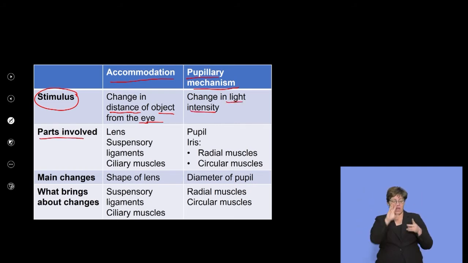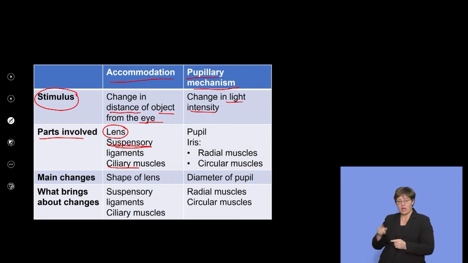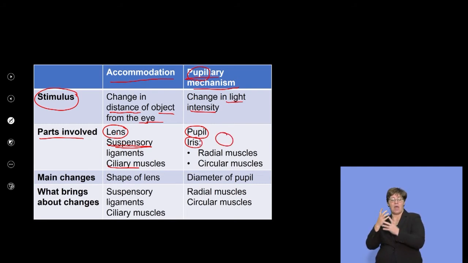Parts involved with accommodation are always your lens, your suspensory ligaments, because the lens is suspended from them, and the ciliary muscle. With the pupillary mechanism, obviously the name says it all, the pupil, and the pupil works with the iris, and the iris is round, so you have radial muscles and circular muscles. Main changes: the shape of the lens will change with accommodation.